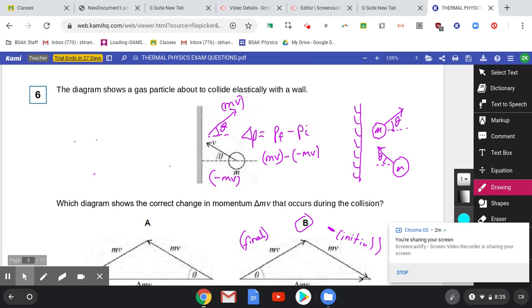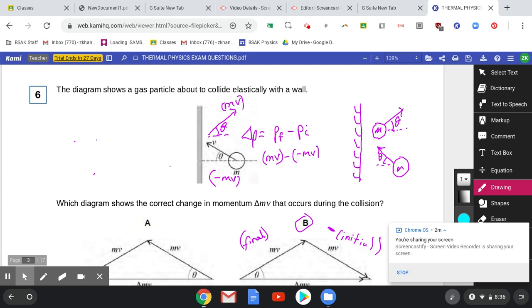Minus the initial momentum. Now the initial momentum is minus mv. Okay, so that's facing this way. But when we take away this initial momentum, that minus and that minus end up being a plus.